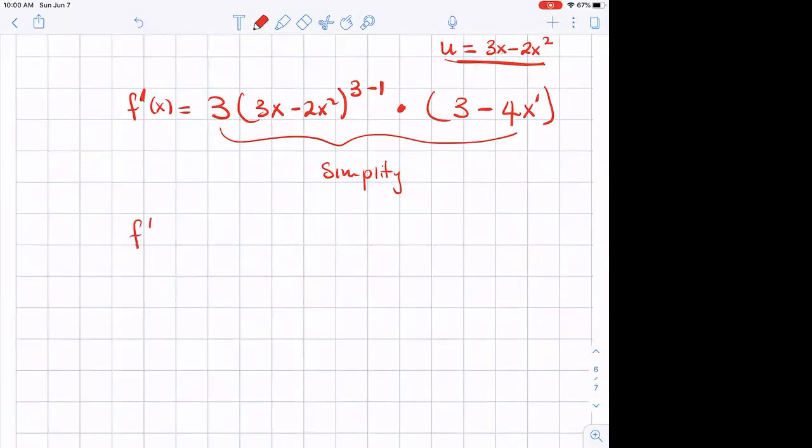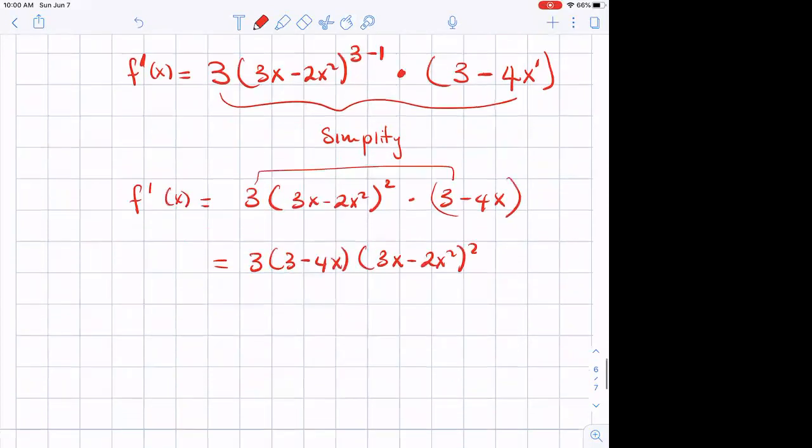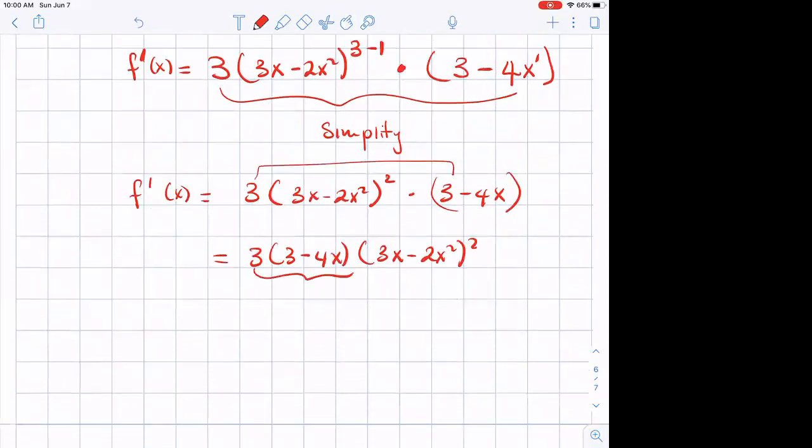So f prime of x, let's simplify here, becomes 3x minus 2x squared raised to the second power times 3 minus 4x. Now I can multiply this times this. So this becomes 3 times 3 minus 4x times 3x minus 2x squared to the second power. This can be multiplied out, so it becomes 9 minus 12x.